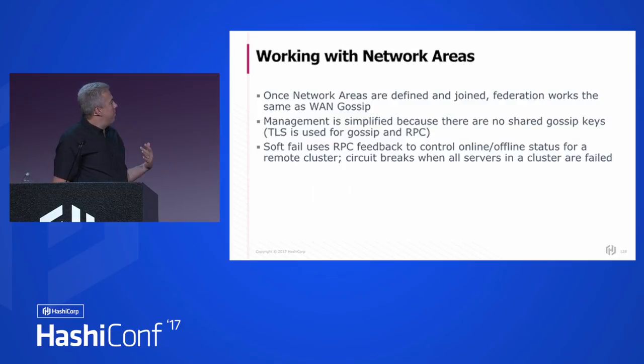Once it's set up, it works just like WAN gossip, so you can make those cross data center requests. All the stuff just feels the same. You are using TLS for everything, so you don't have to deal with gossip keys, which is super nice. It has the same soft fail behavior, so a problem in one area won't affect another geographic area.